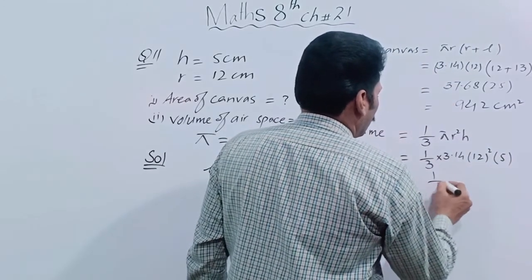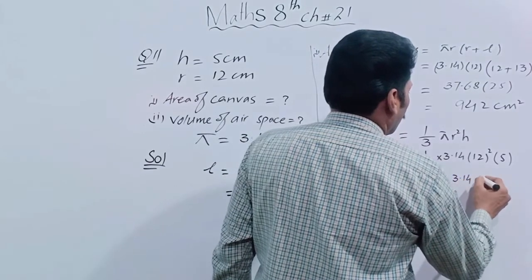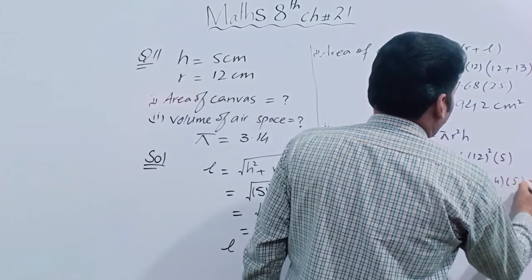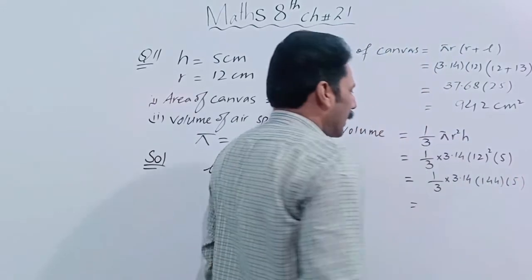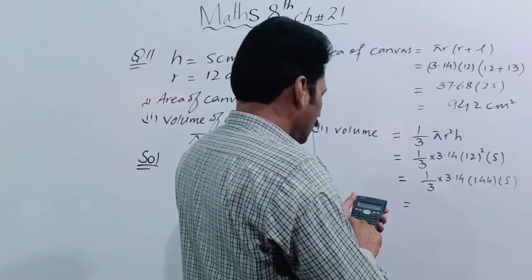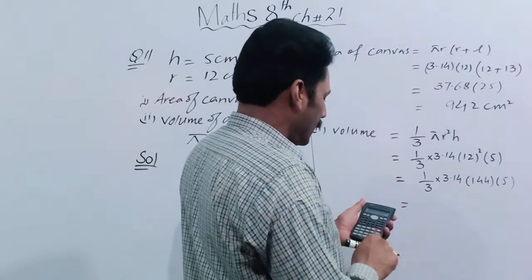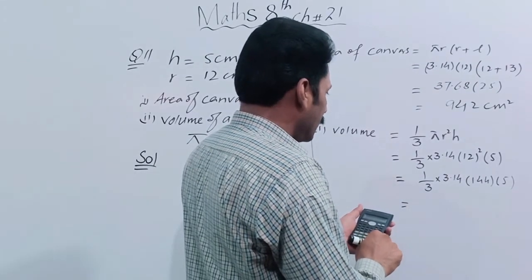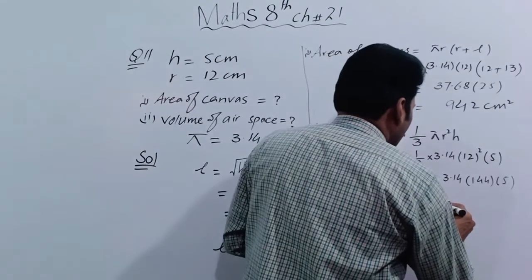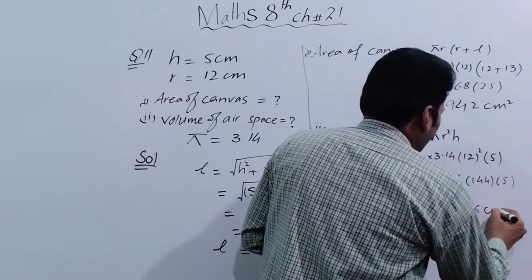Now the next step, 1/3 into 3.14 into 144 into 5. What will we do? We will multiply these values, 3.14 multiply by 144 multiply by 5, and the answer is divided by 3. So the answer is 753.6 centimeter cube.